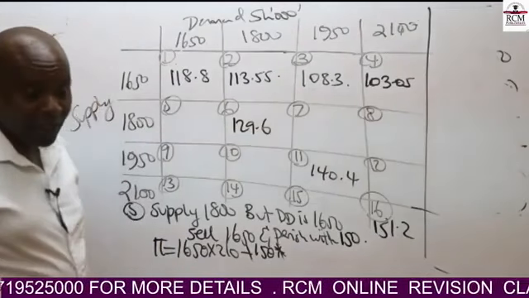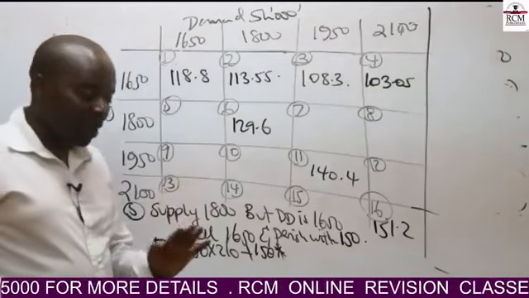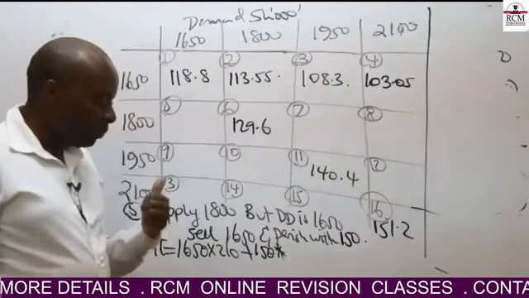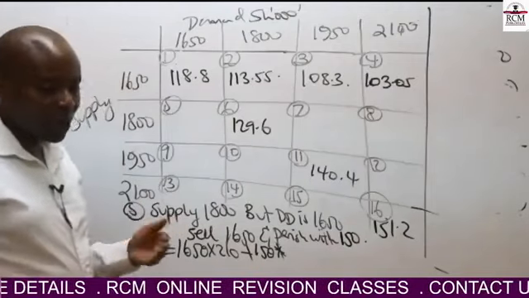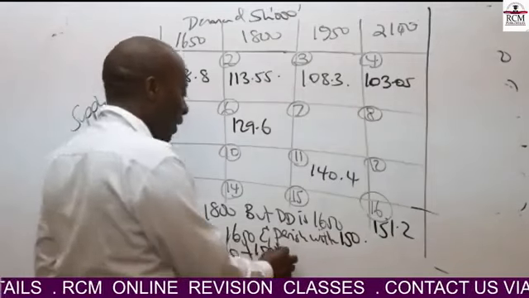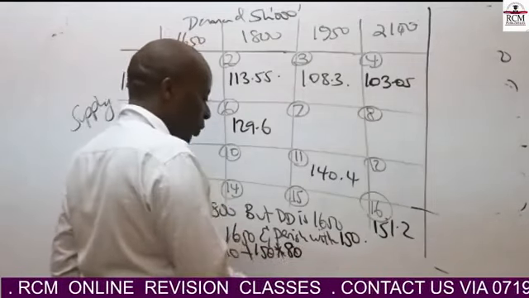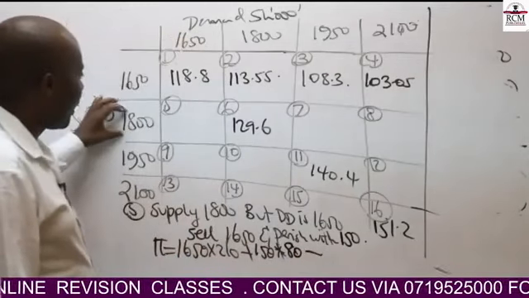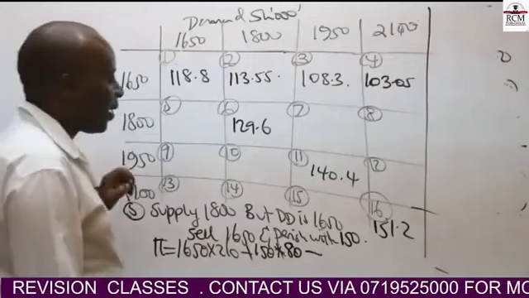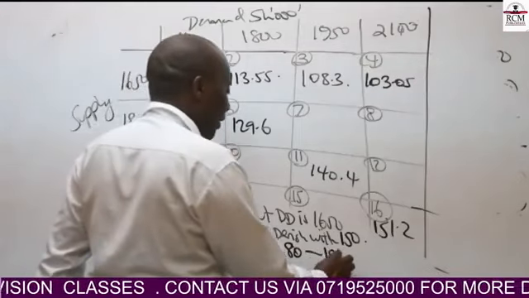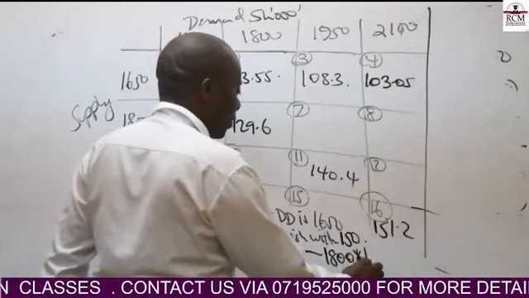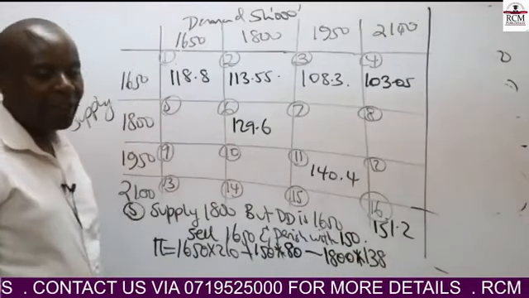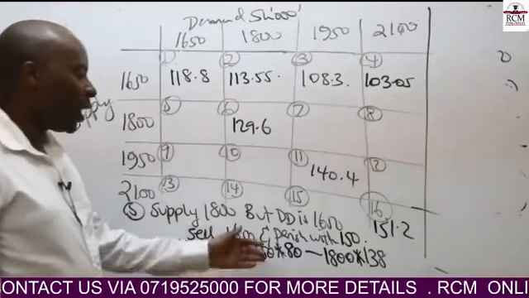Once we are not able to sell them on that particular day, we perish with them, and we'll be able to fetch a lower price, 80, I'm being told. So that is revenue. Minus cost, of course. I will incur a cost for the entire supply, which is 1800 times 138.